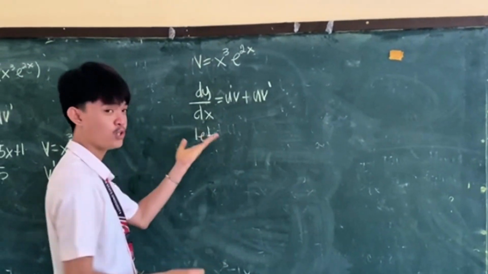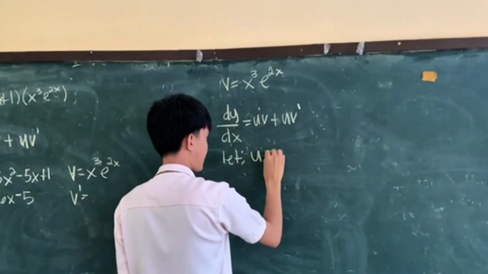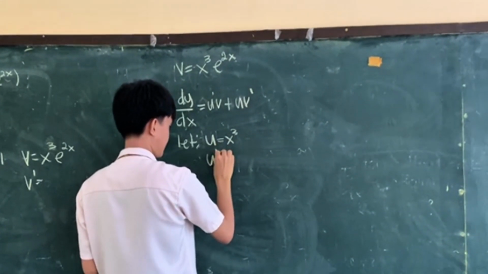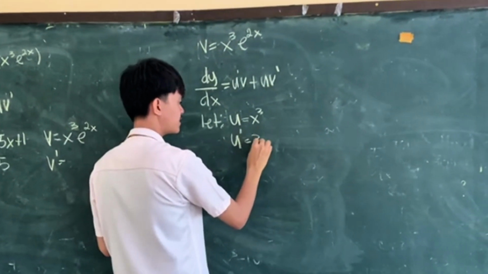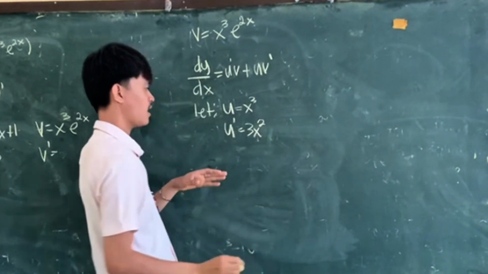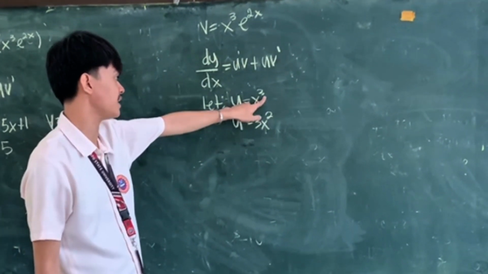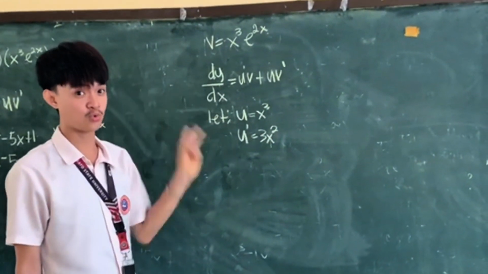Let u be equal to x cubed and u prime is equal to 3x squared. By finding the derivative, let's just multiply 3 times x, which is equal to x, and 3 minus 1, which is equal to 2.